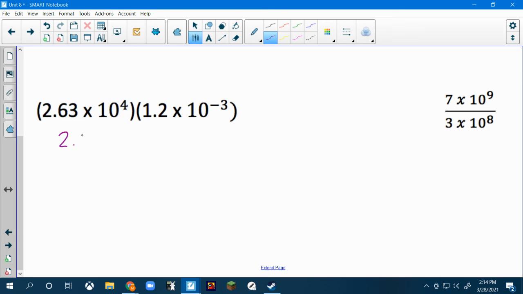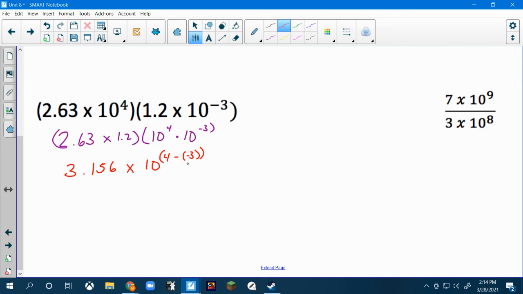Hey, welcome back. We're going to do 2.63 times 1.2 and 10 to the fourth times 10 to the negative third. And 2.63 times 1.2 is 3.156 times 10 to the 4 minus negative 3, which is 4 plus 3.